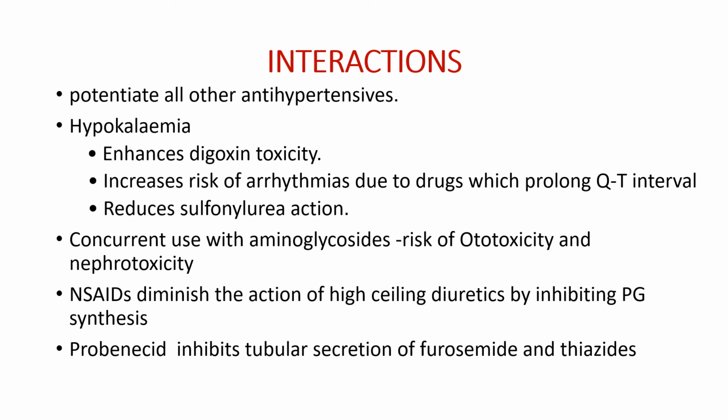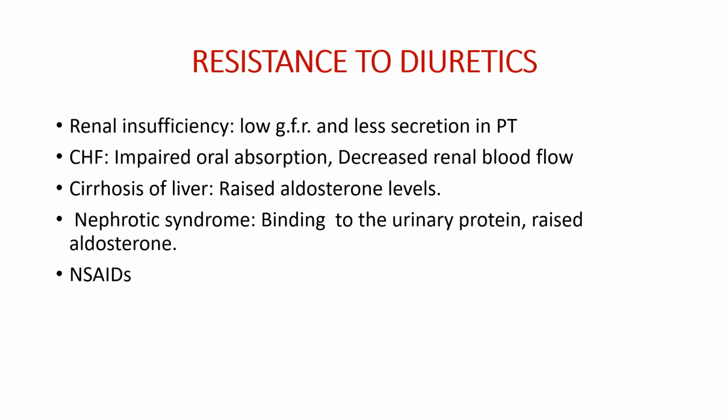Okay, so NSAIDs will diminish the action. And probenecid, which is a uricosuric drug, inhibits the tubular secretion of furosemide and thiazides because it inhibits the organic anion transporter, thereby decreasing the action.